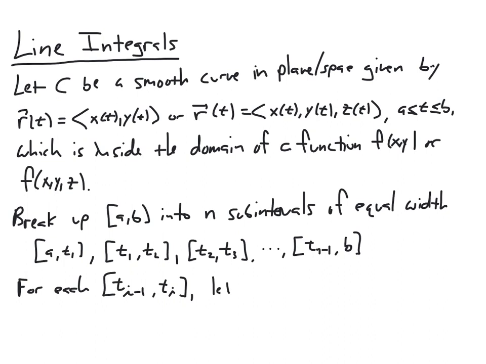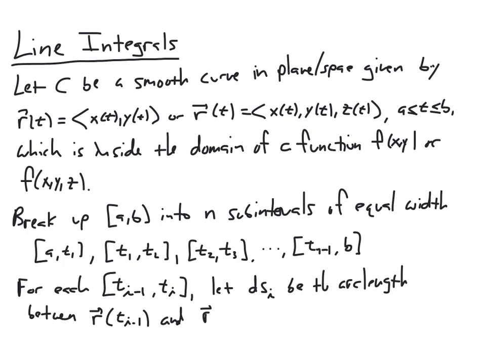We're going to let ds sub i be the arc length between r of t sub i minus 1 and r of t sub i. All right, so this would be the distance along the curve from these 2 points. And then we can form a Riemann sum.